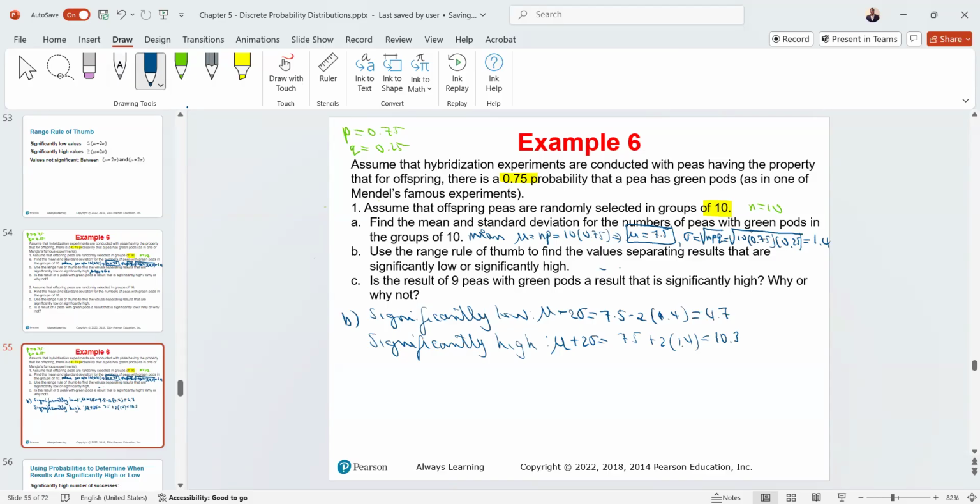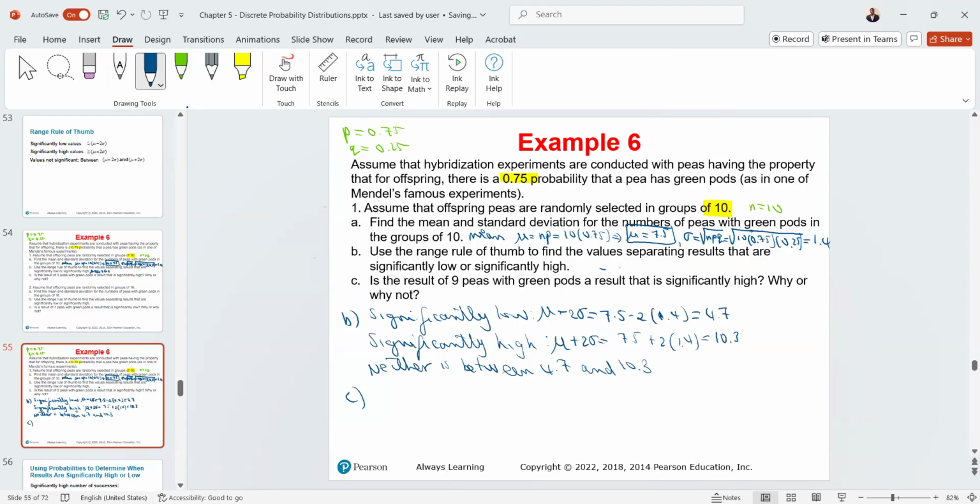So, neither is between 4.7 and 10.3, right? Now let's see for C.